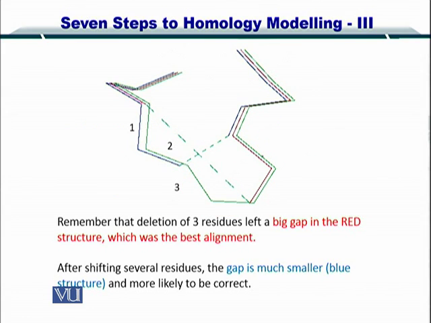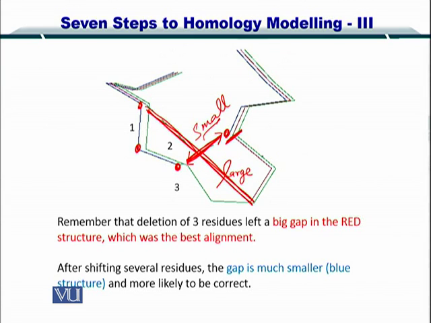So now the blue structure is the new one. So as you can see, we cut the protein from here, the structure, and now the distance between the two amino acids is small as compared to the distance that existed before. So this was large and now it is small.